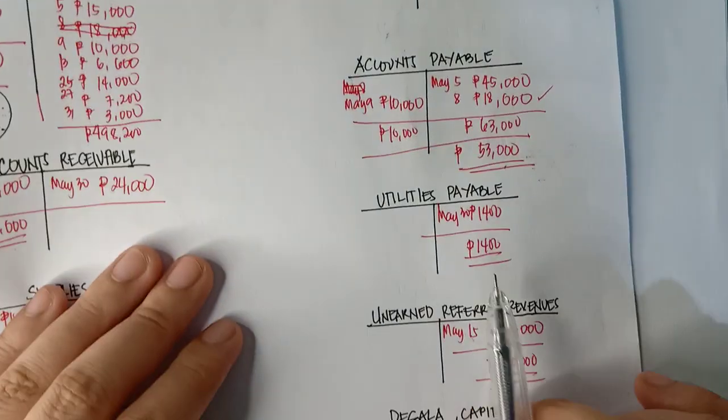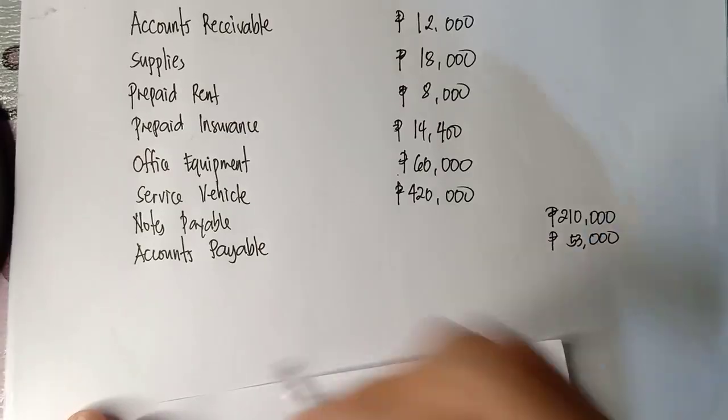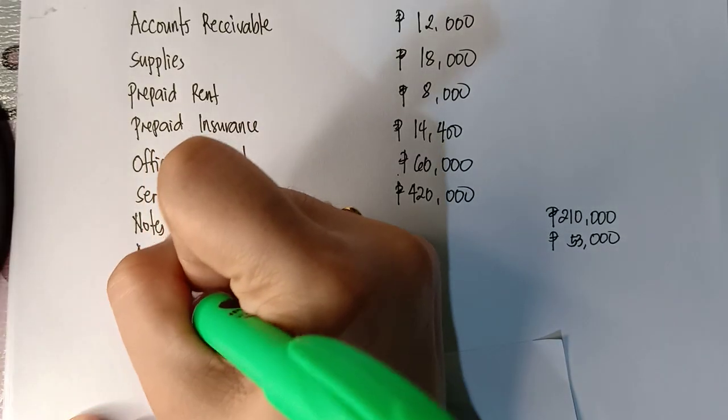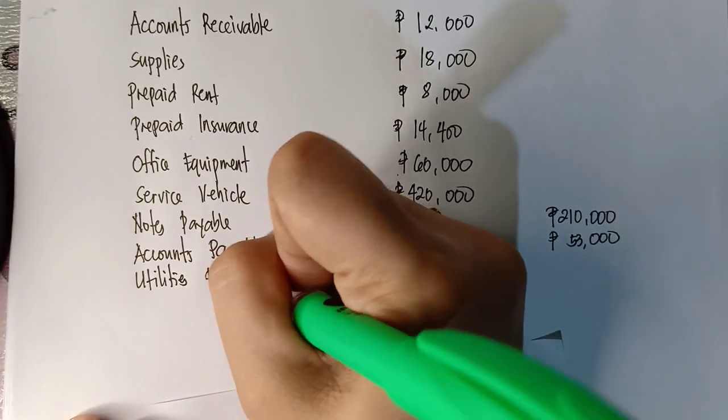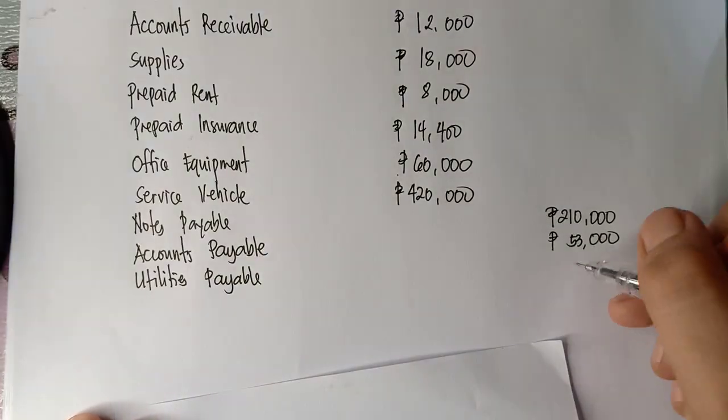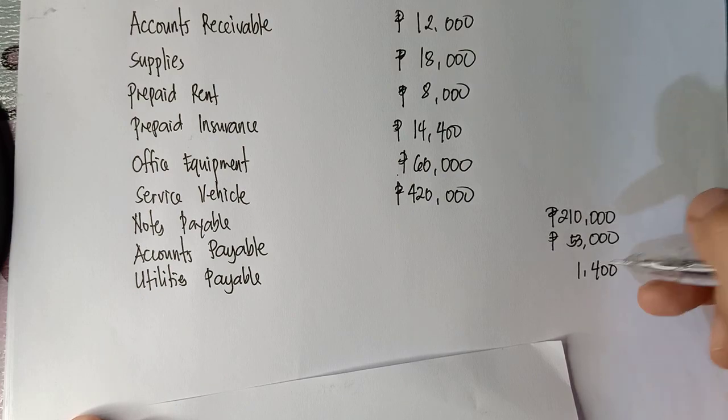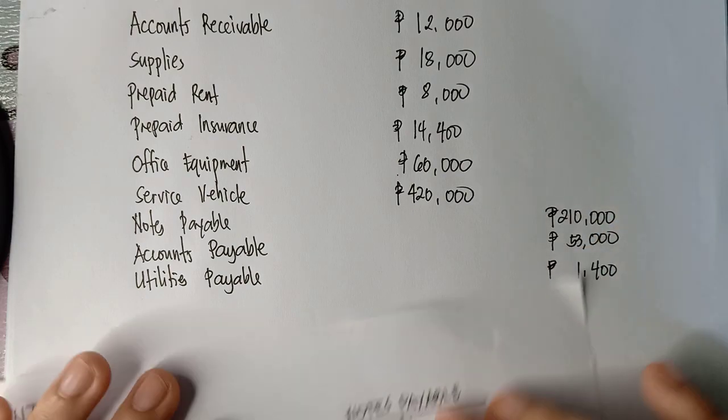Next is utilities payable for 1,400, credit side again.